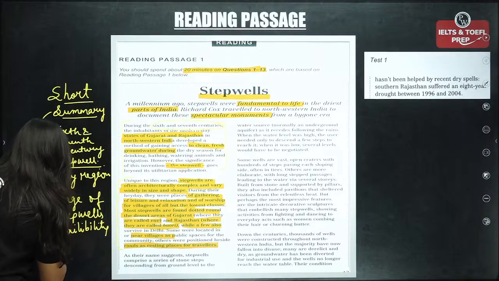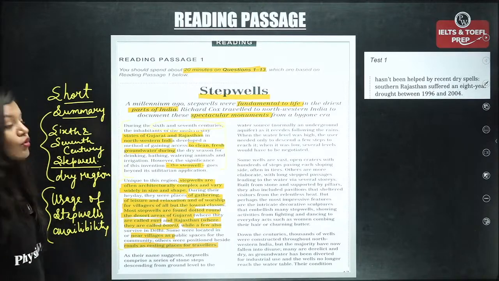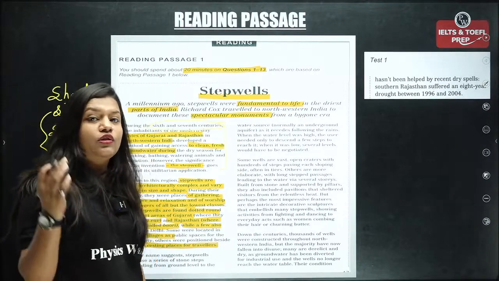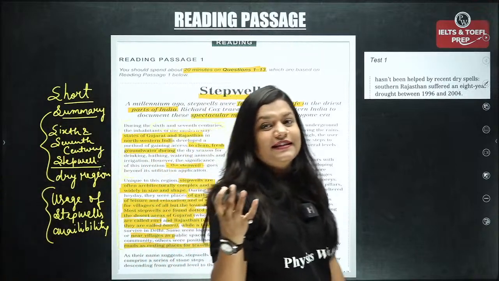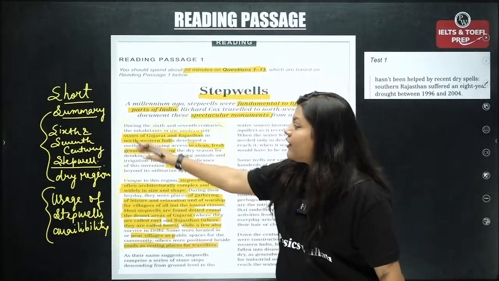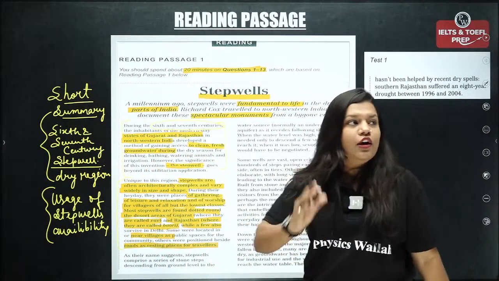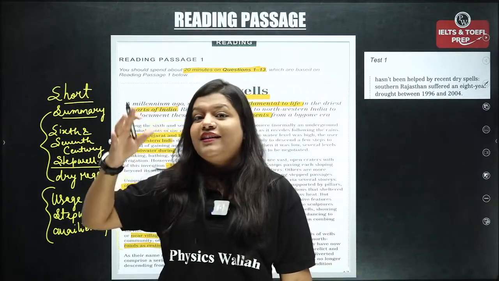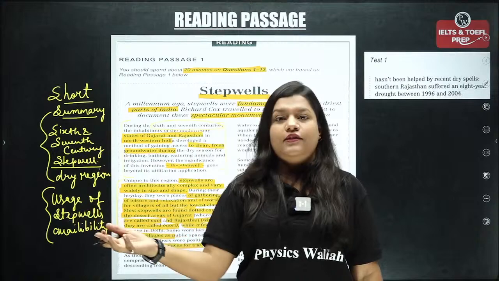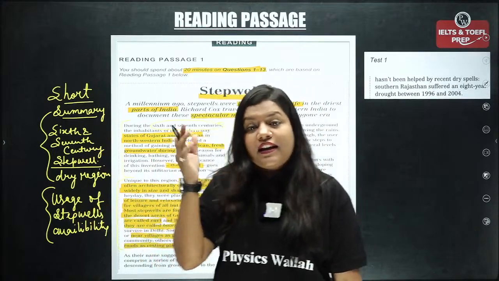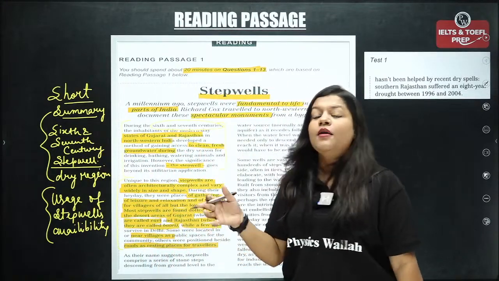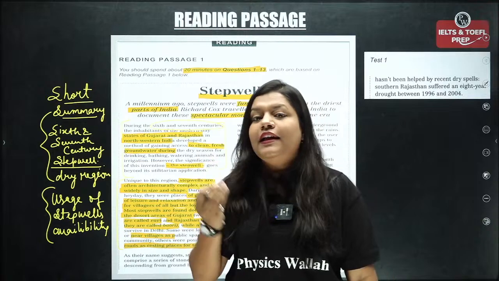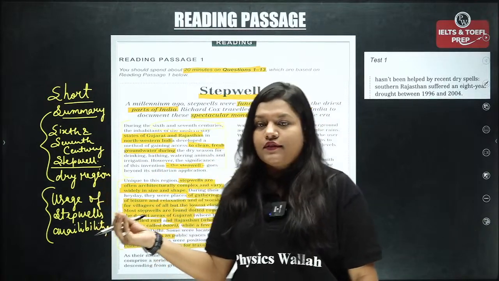You are not going to get a lot of time to make notes, so make sure you make notes very precisely and concisely, so that at the time of referring to them, you get a clear idea of what you are going to refer. Because the very first thing you have to do is find the correct paragraph in which you might find your response. Finding the correct paragraph is a task initially, because in the question you're not going to get any hint about which paragraph you might find the answer in, right?